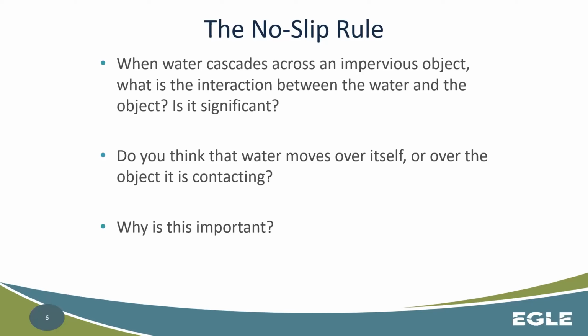If I take a glass of water and pour it across a certain surface, is that first bit of water hitting the surface and then moving, or is that first bead of water hitting the surface, sticking to it, and then the following beads of water sliding over that? The answer is it sticks to the surface, and the remaining water cascades on top of it. According to the no-slip rule, when water comes into contact with a surface, it sticks to that surface, and as water is continually poured, it flows over the initial water layer.